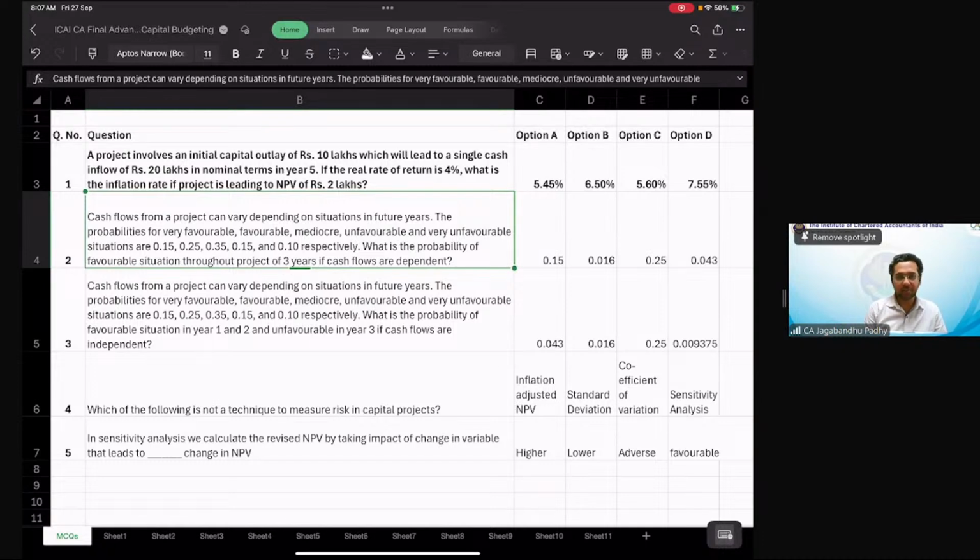Are you solving it? Are we solving it or just waiting for me to get it solved? Solving, right? Good, good. Sure, try it out, guys. It's a really good question.